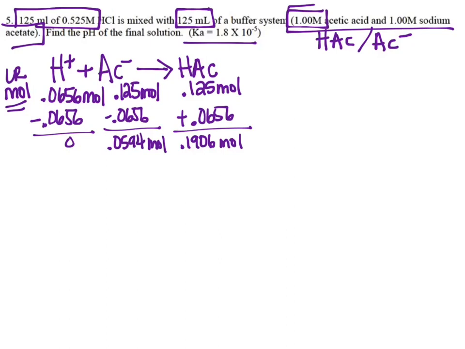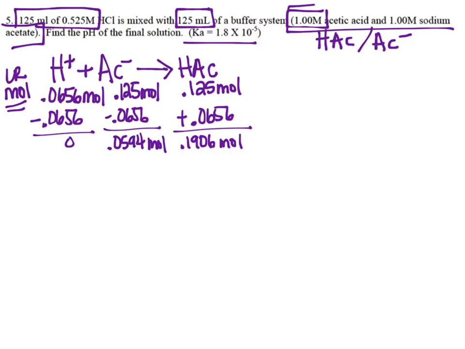What's left standing is a weak acid and a conjugate base. So where do we need to go to figure out the pH? What do we use? A Rice table? Is there something easier than a Rice table? Henderson-Hasselbalch.